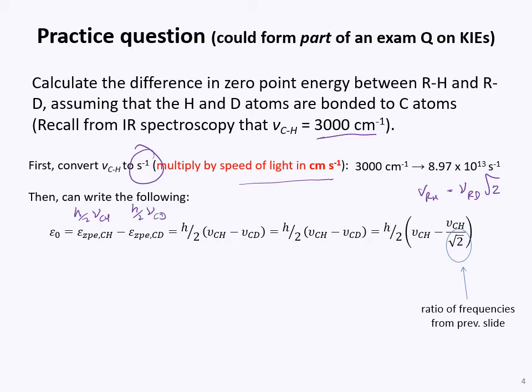If we take one minus the other, we can take the common factor out, and we need the frequency of vibration of the CH bond minus the frequency of vibration of the CD bond. And of course, we can calculate that out by putting this in place of one of these, essentially.